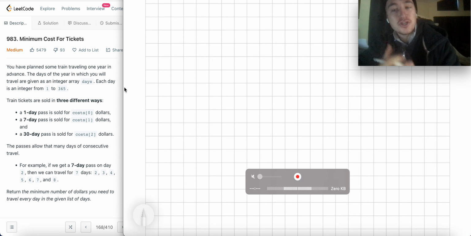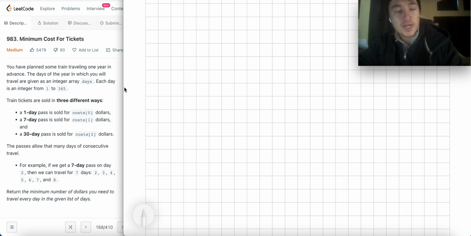Now, you can buy a train ticket in 3 different ways. You can buy a 1-day pass, a 7-day pass, or a 30-day pass, each with some associated cost. If I'm going to be traveling 27 of the next 30 days, it might be more cost effective to just buy the 30-day pass.